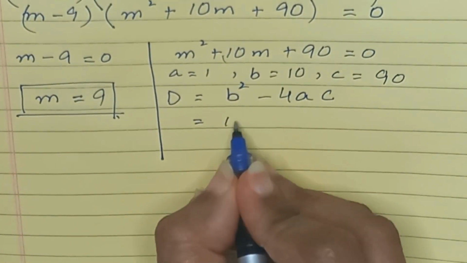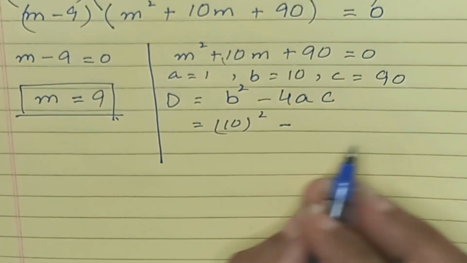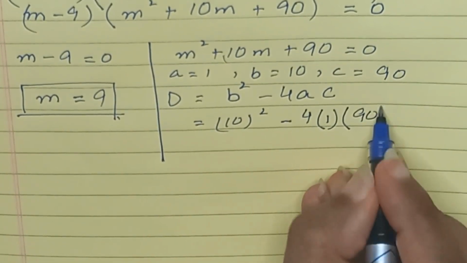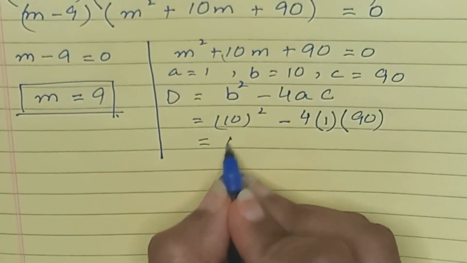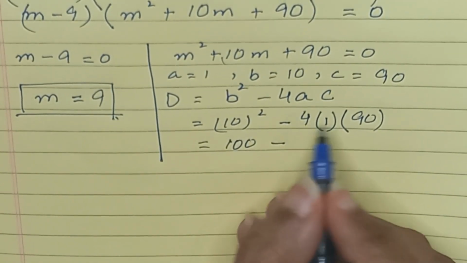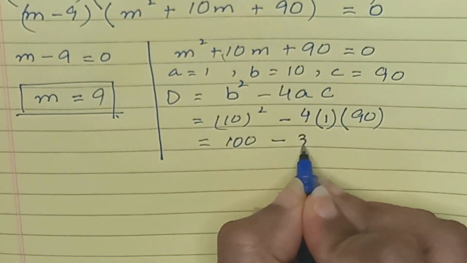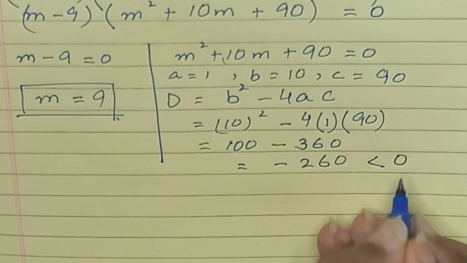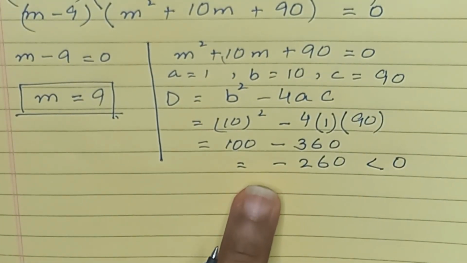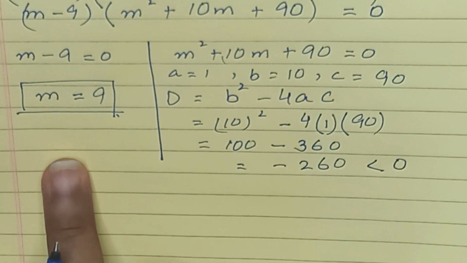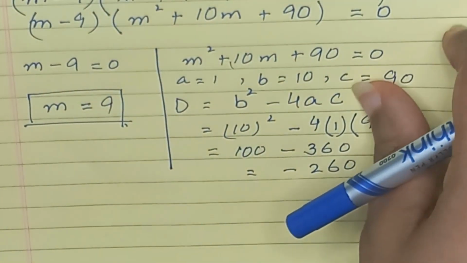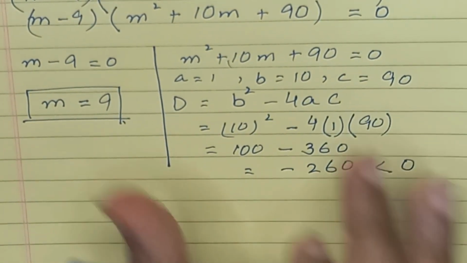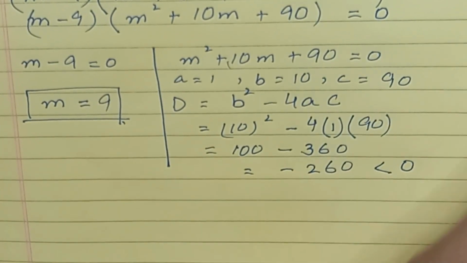So it will become 10 square minus 4 times 1 into 90, so it will become 100 minus 360, which is equal to minus 260, which is less than 0. So it means it has no real solution. So we get the value of m is 9.